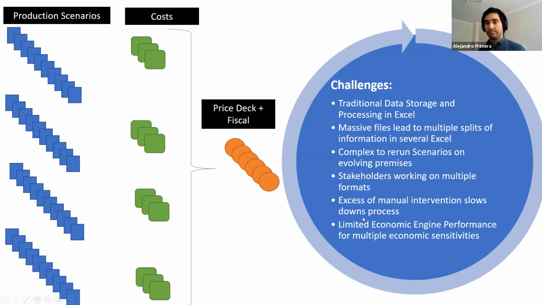And also the fewer iterations that we do, the less knowledge that we can gather to inform the decision that we are making. And as we are using Excel, there is a limited economic engine performance, especially when we start to leverage the use of multiple economic sensitivities, if we're going to do sensitivity analysis, uncertainty analysis, and so on.